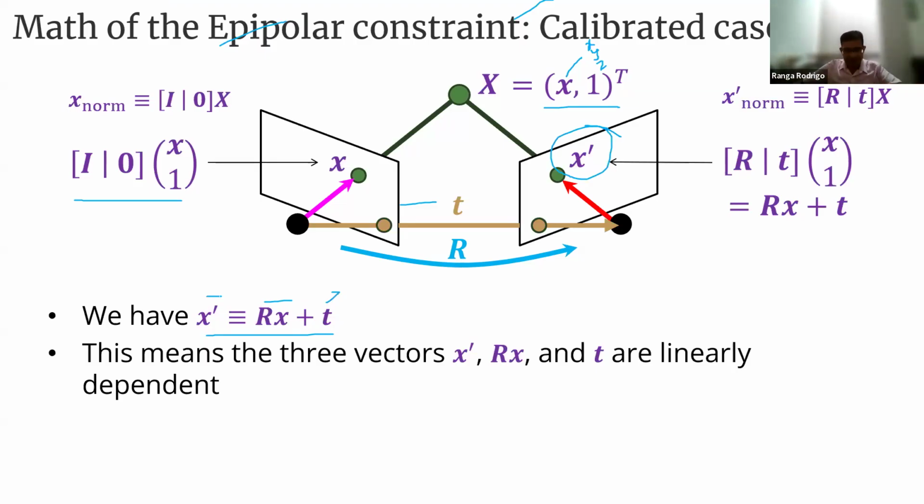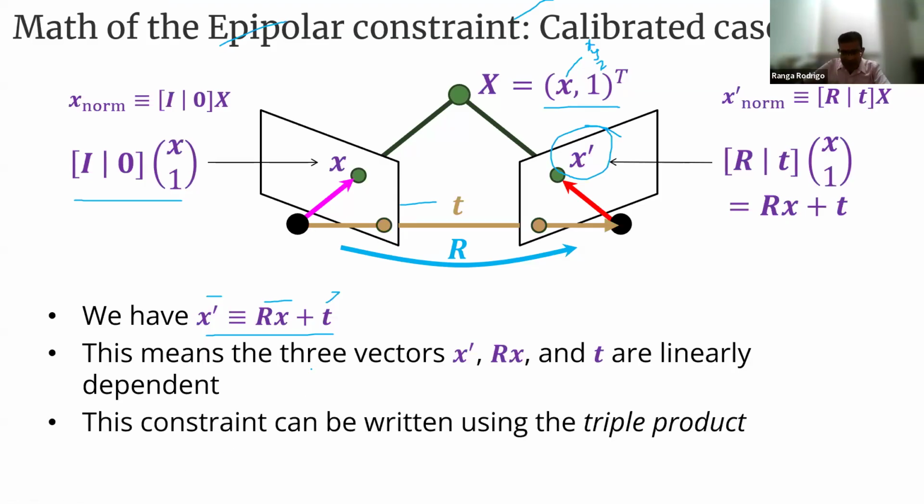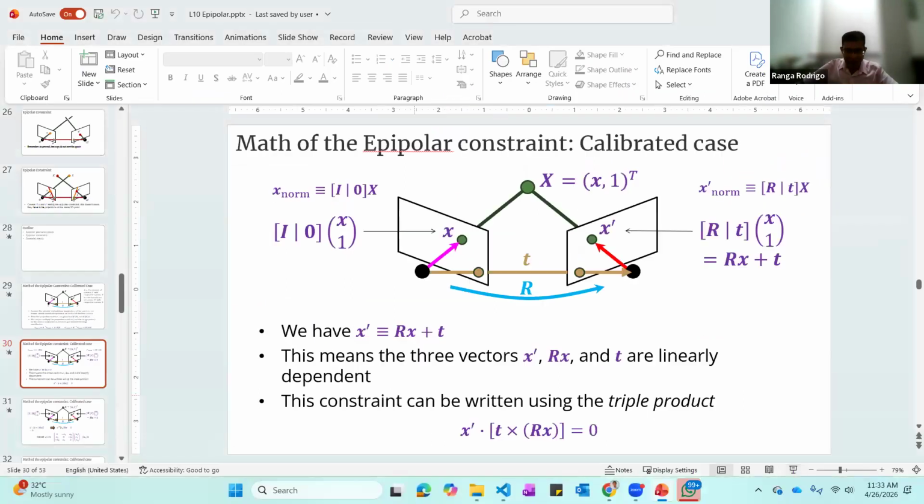Linearly dependent. So this constraint can be written using the triple product. Do you understand? Remember the triple product. I hope you do. Maybe I will show you the triple product using Wikipedia or something.